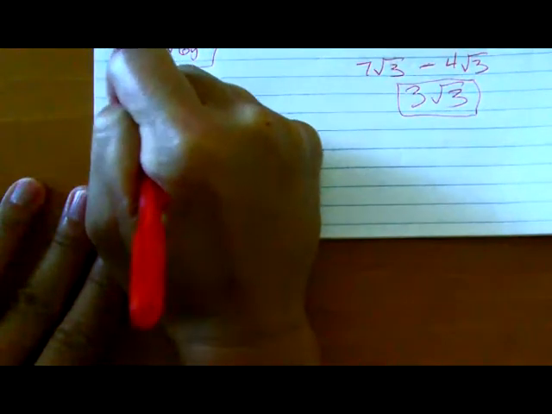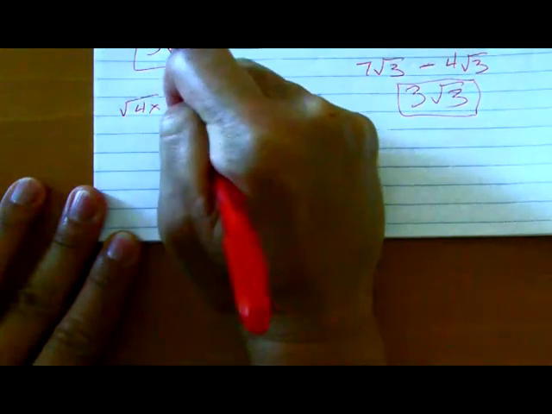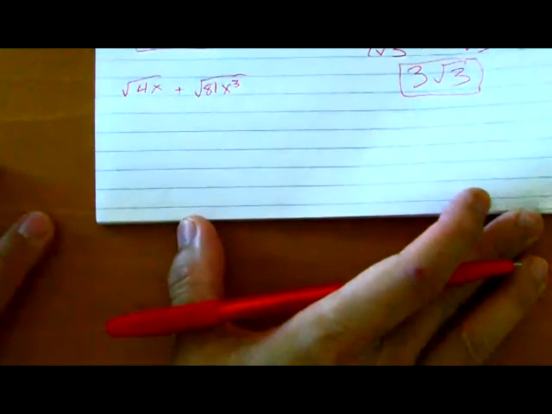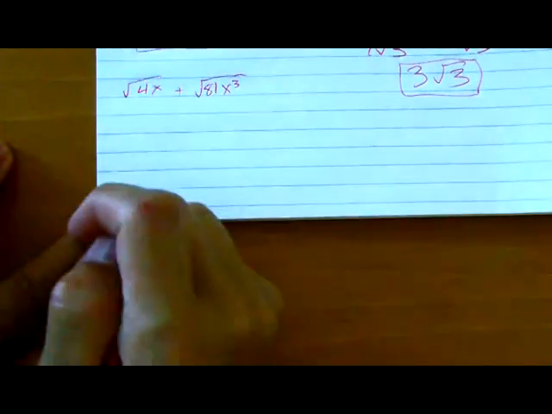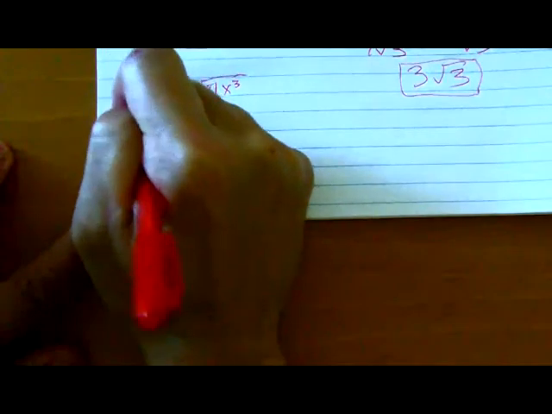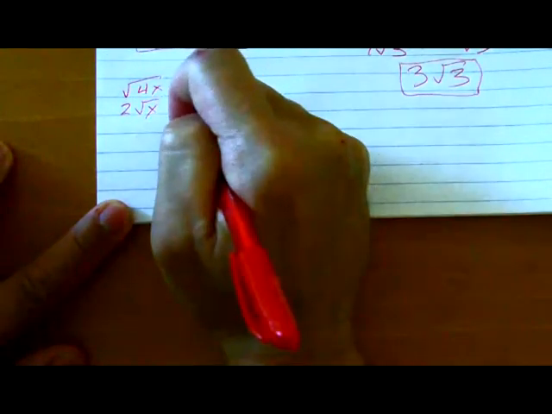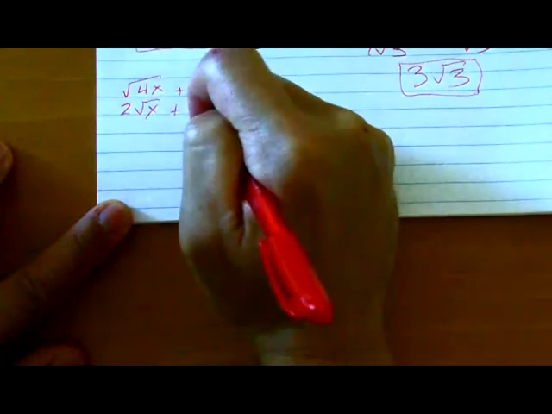Radical 4x plus radical 81x to the third. I can square root the 4, that's 2 radical x. I can square root the 81, that's 9 radical x to the third.